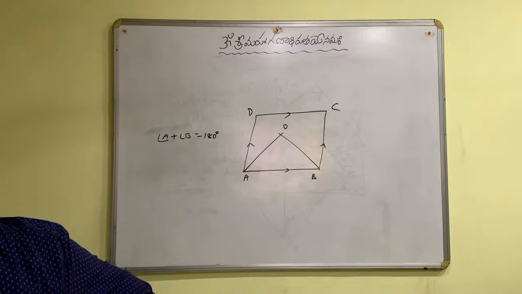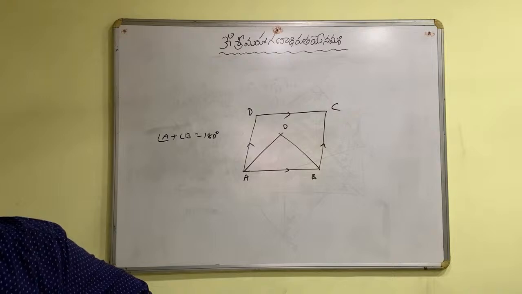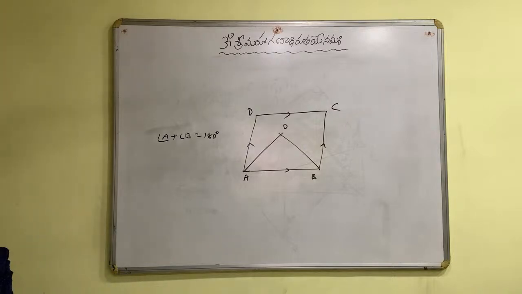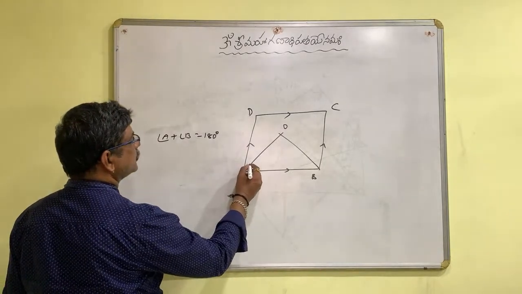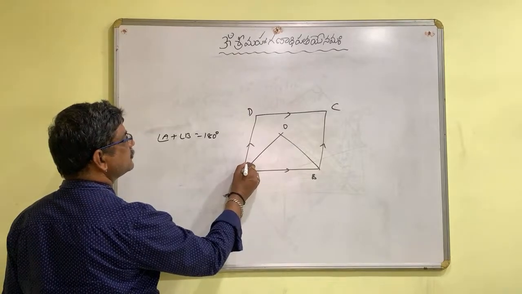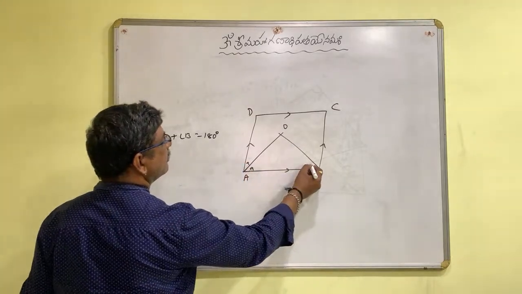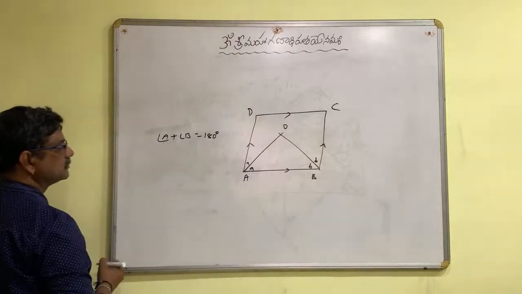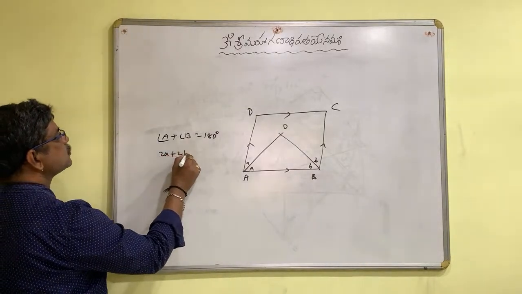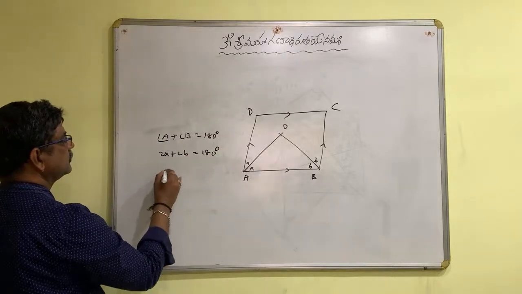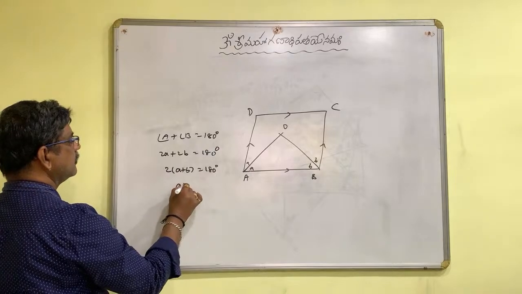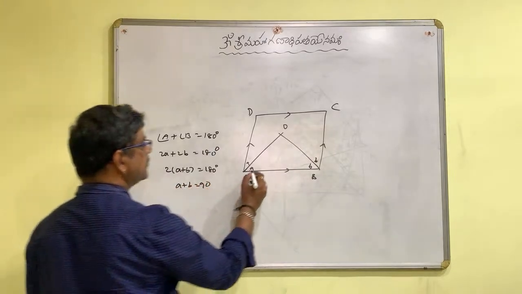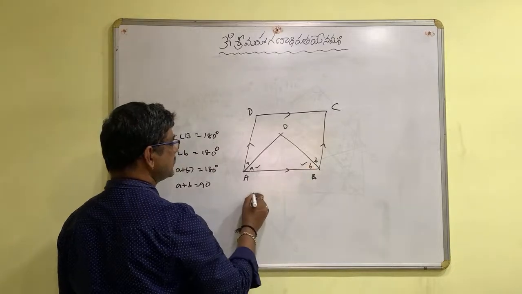Now, since AO is the bisector of angle A, this will be A and A, this will be B and B. That means 2A plus 2B is 180. 2 times of A plus B is 180. A plus B is 90. That means sum of these two angles is 90.